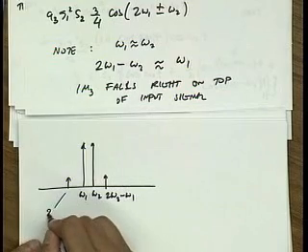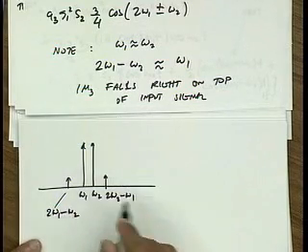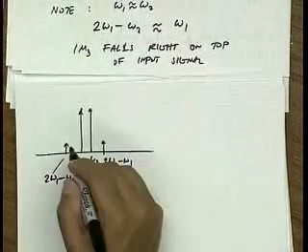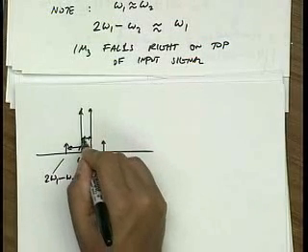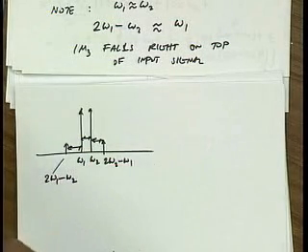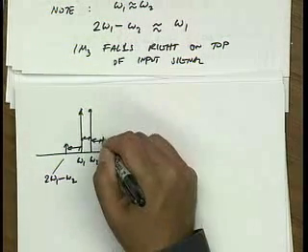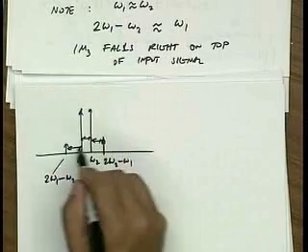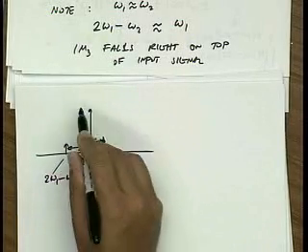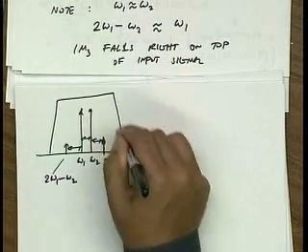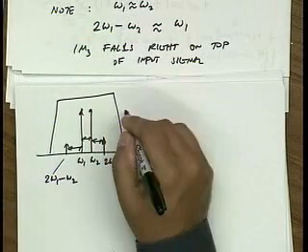This is 2 omega 1 minus omega 2. And the spacing here is always the same. It's omega 1 minus omega 2. I didn't do a very good job to show that. But the idea is that these frequencies now can be very close to the band. Like this might be the band that you're interested in.